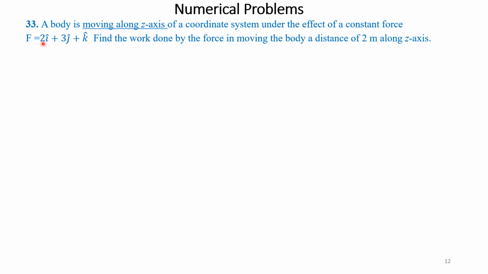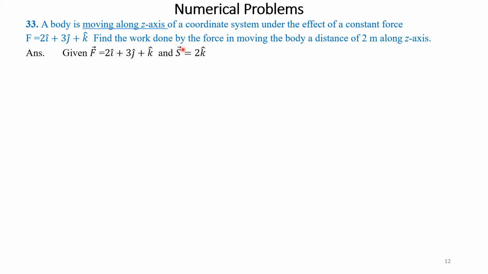Here please note that i, j, k are unit vectors in x, y and z axis. Find the work done by the force in moving the body through a distance of 2 meters along z axis. So we have to find the work done. Please note here work done is along the z axis because the body is moving along the z axis.